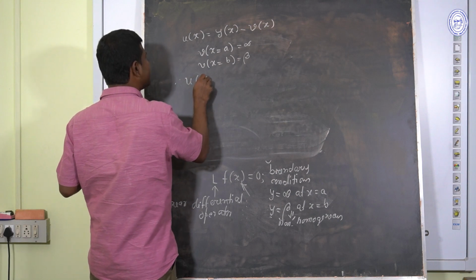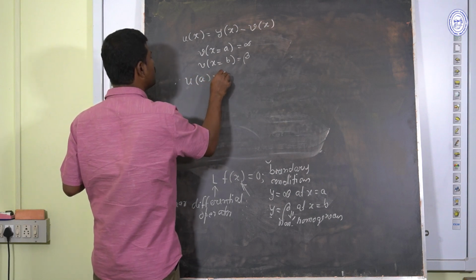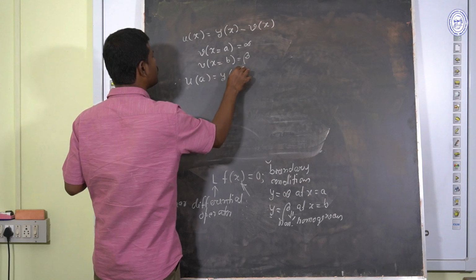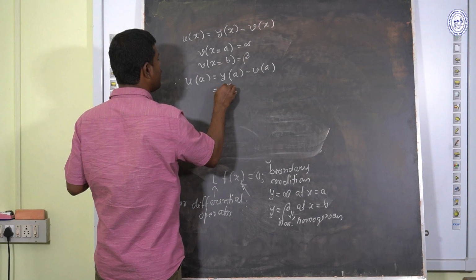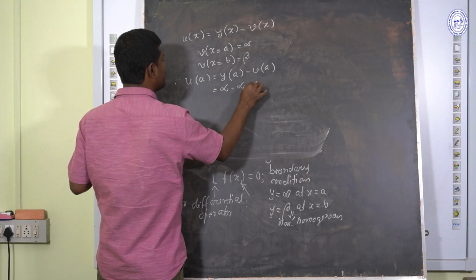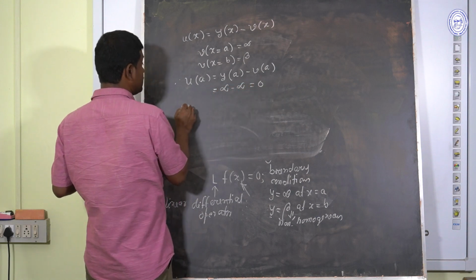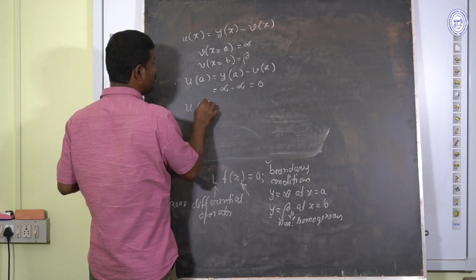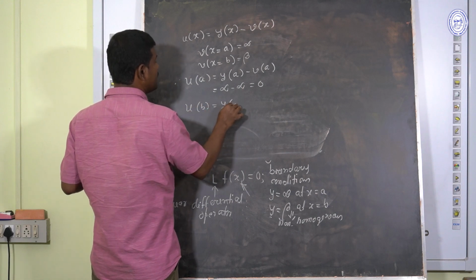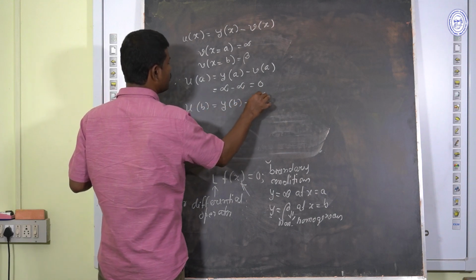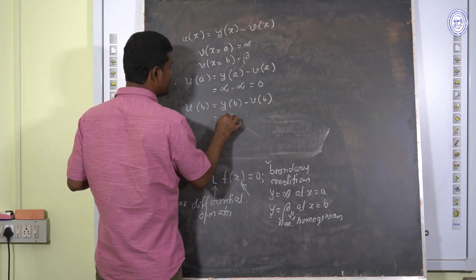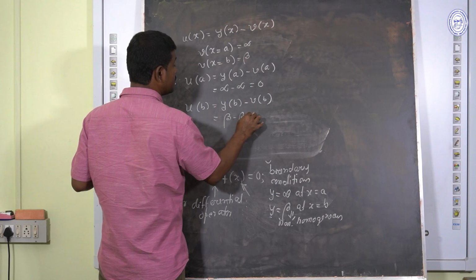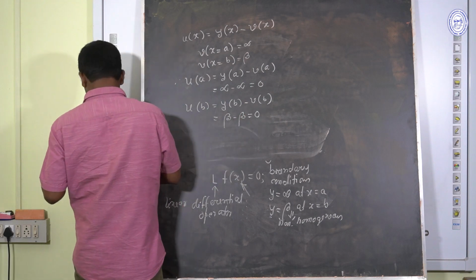Therefore, u at x equal to a will be y at a minus v at a, which is alpha minus alpha, equal to 0. And similarly, u of b is y of b minus v of b, which is beta minus beta, equal to 0.